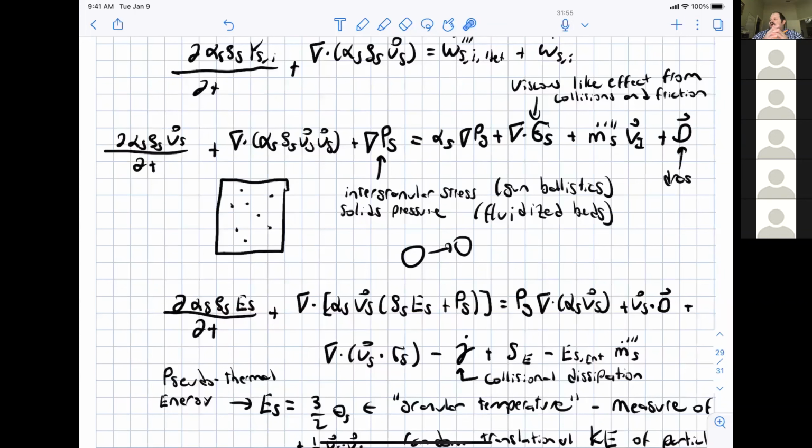All those effects make granular media really interesting and complex. These collision processes for particles give rise to pressure-like forces that, if you work in the field of internal gun ballistics, are called intergranular stress. If you come from more of a traditional granular multi-phase flow point of view, it's called solids pressure.